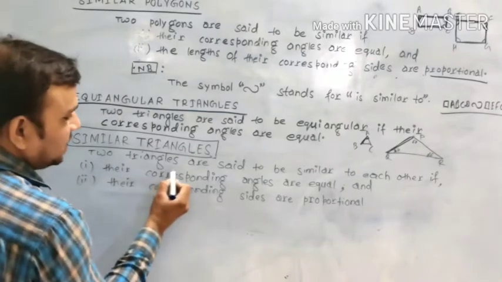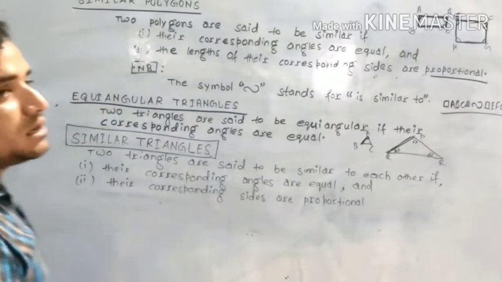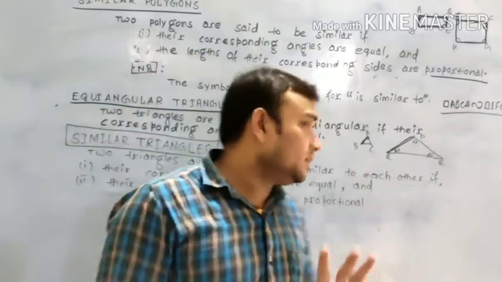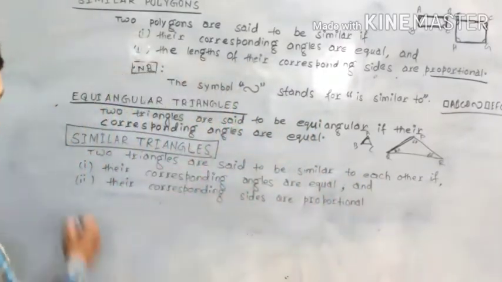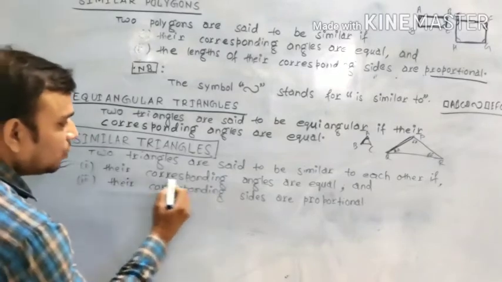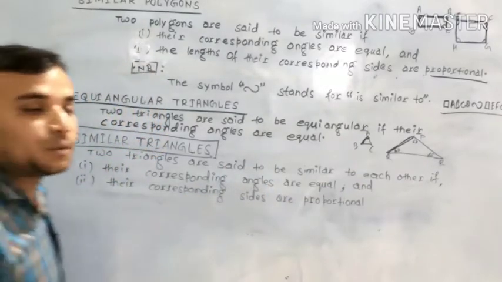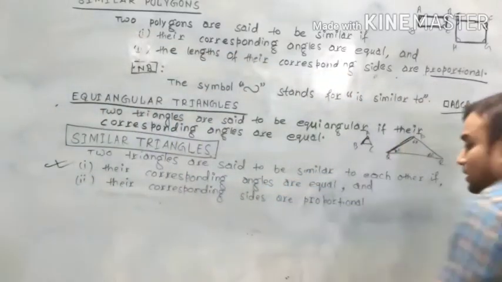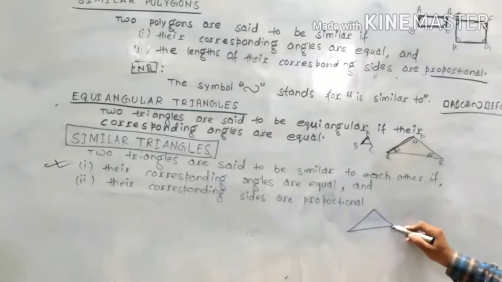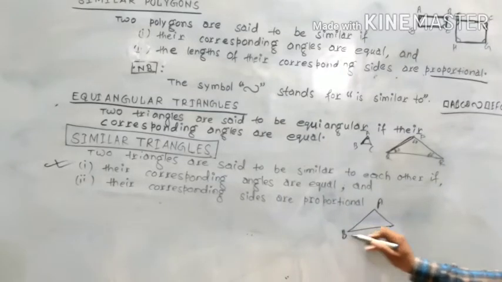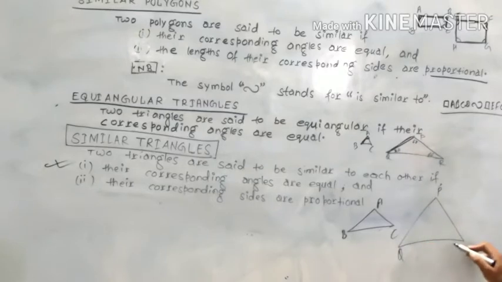Two triangles are said to be similar to each other if the first condition is their corresponding angles are equal. Dear student, you take a triangle ABC and another triangle PQR.